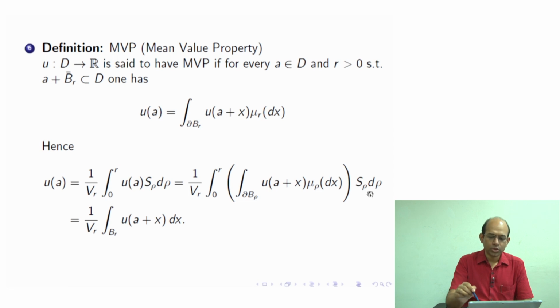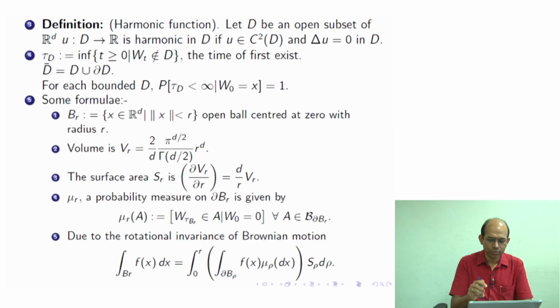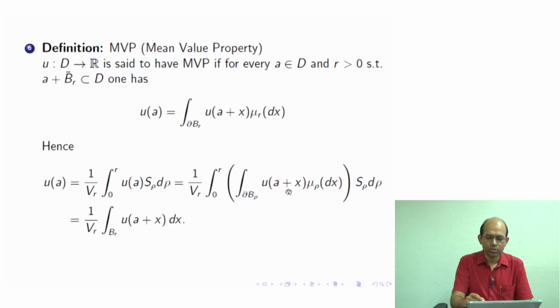Here we have obtained exactly what we have seen in this relation. So, U of A plus x d mu rho dx S rho d rho, this part would be the same as the integration of U of A plus x over the whole ball of radius R. So, U of A can be written as 1 over V R times the integration of U of A plus x dx on the ball B R.